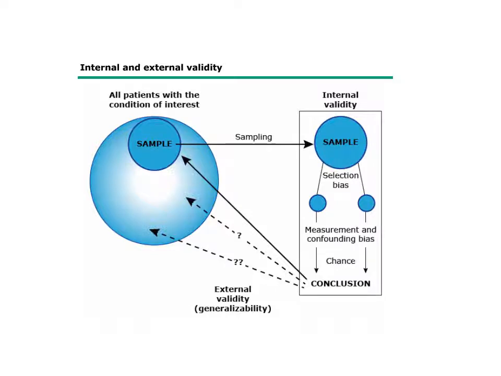There are obviously a variety of biases that can come into the way, or a random error or chance, and the trialists make efforts to minimize these and reach a conclusion, and believe that if they have had low bias and low error by chance, the conclusion drawn from this trial would stand true for the sample and hopefully for the population.